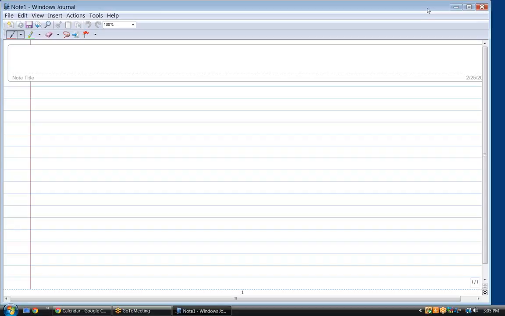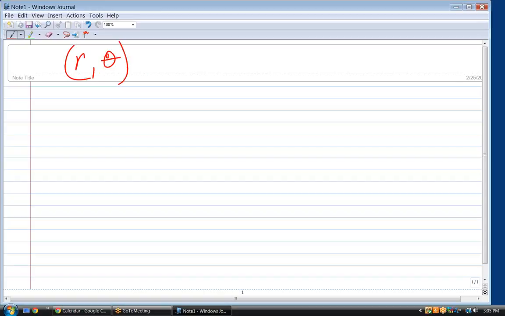Graphs of polar equations is what we're doing. Okay. So the first one is: complete the table for the polar equation and plot the corresponding points.